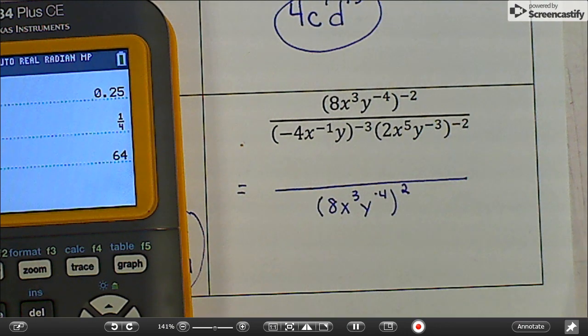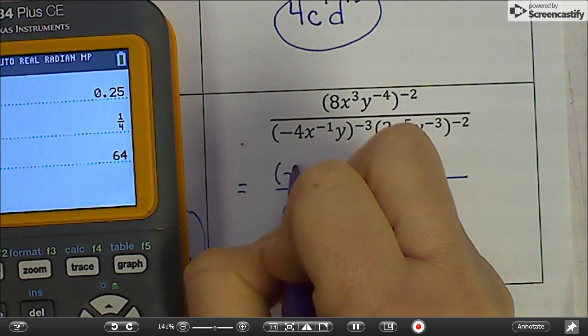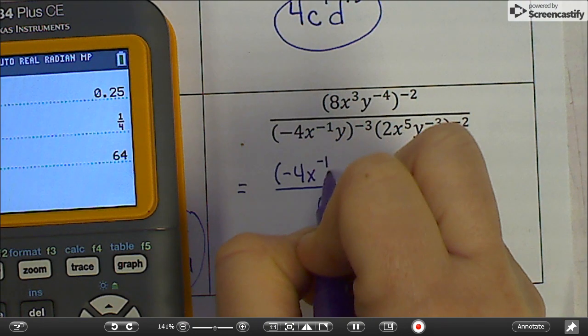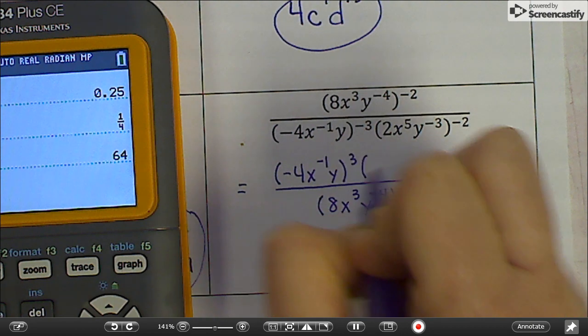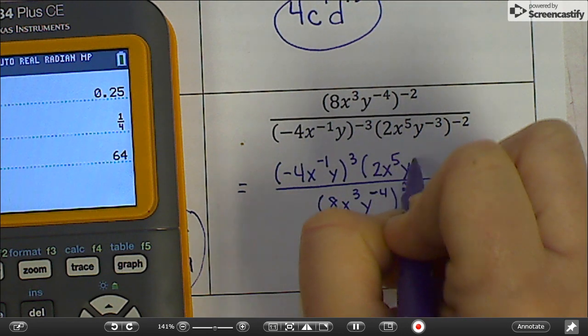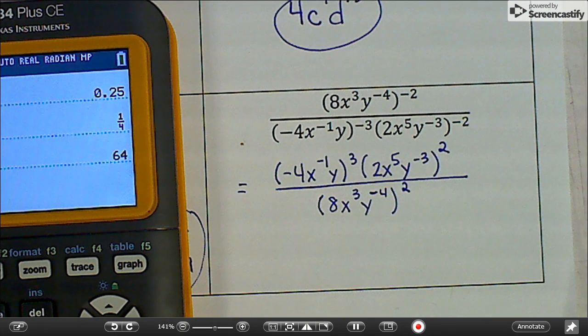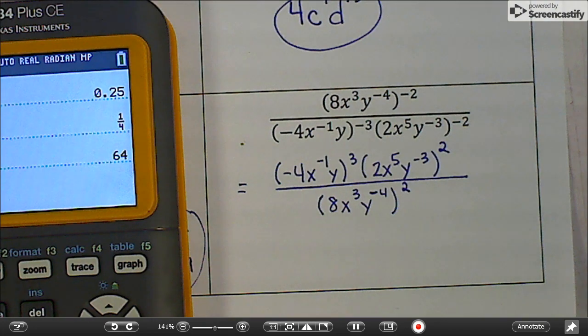Okay, just the whole thing we're moving to the bottom. We can keep this 4 negative because it moved in the parentheses. Okay, we're going to move the stuff from the bottom to the top and make their exponents positive on the outside.